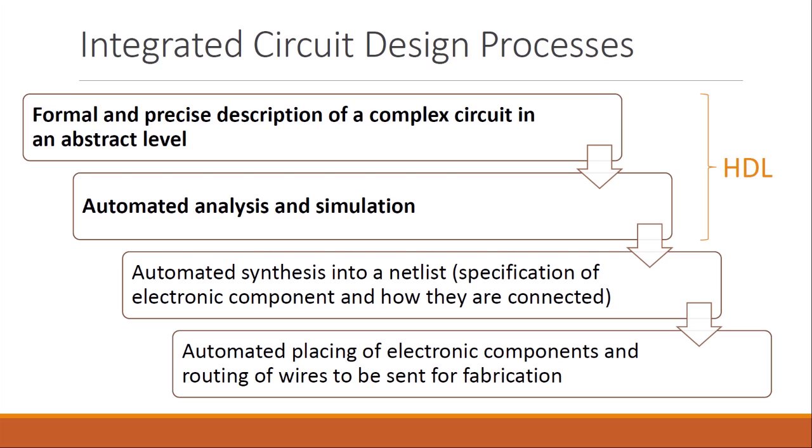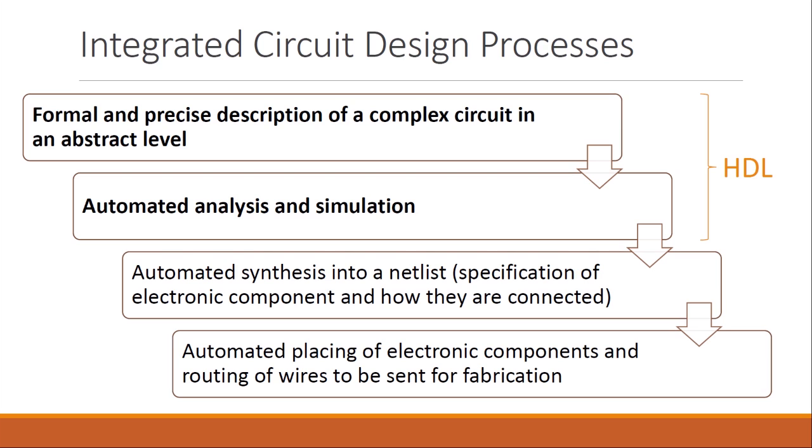The first step of this procedure is the formal and precise description of a complex circuit at an abstract level. At an abstract level, you will describe the behavior of the circuit. That is the first step you need to do when you are going to design and implement an integrated circuit.